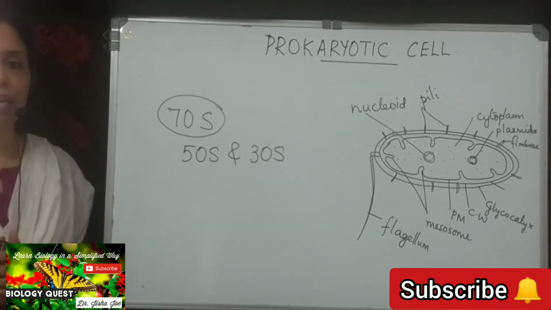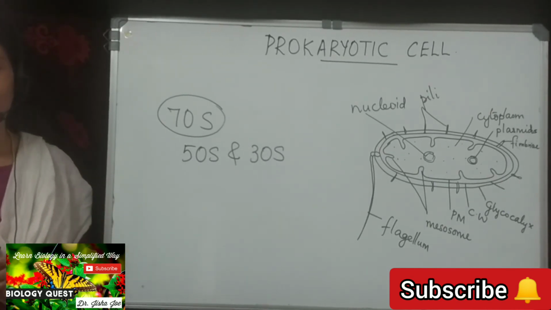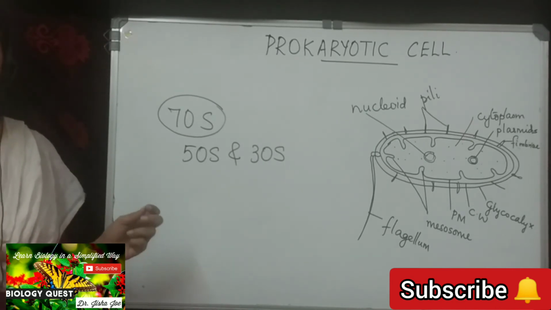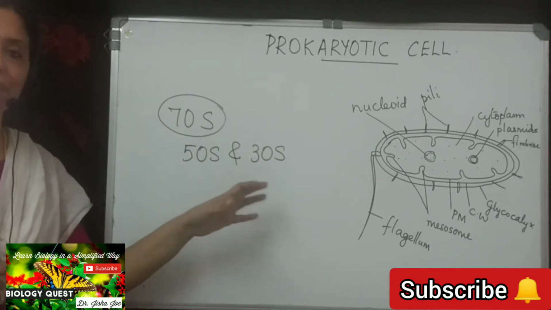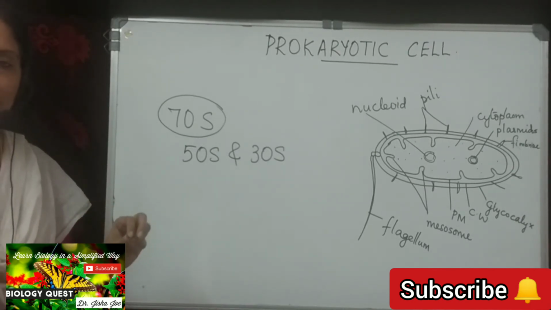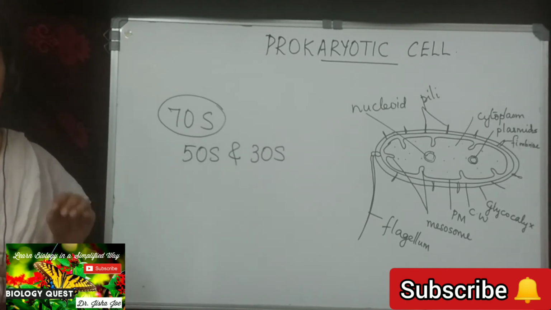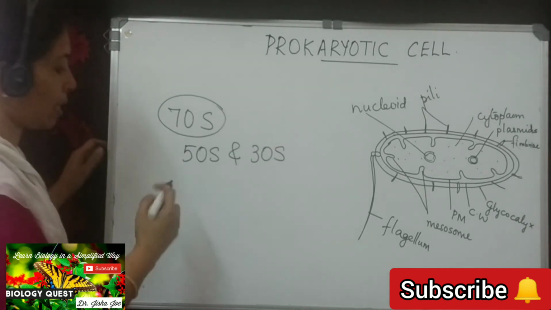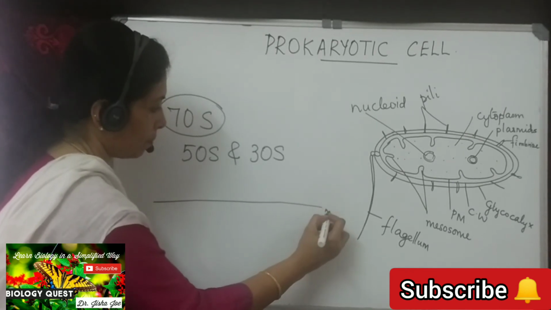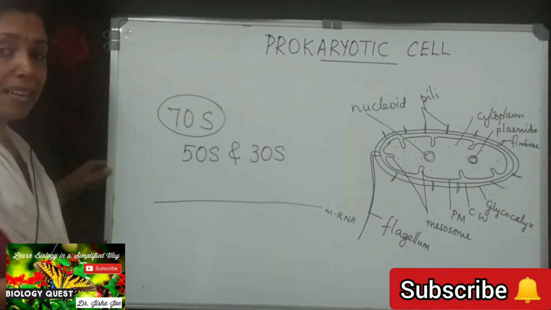The function of the ribosomes is that they are the sites of protein synthesis. And in prokaryotic cells, sometimes several ribosomes may be seen attached to a single mRNA. So the function of ribosomes is to synthesize proteins.